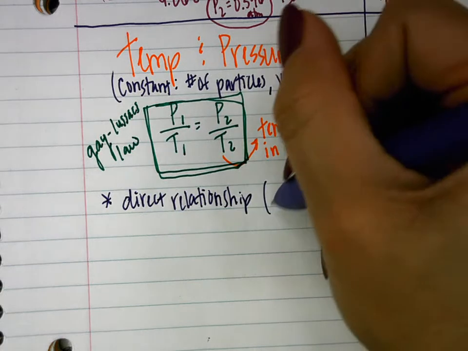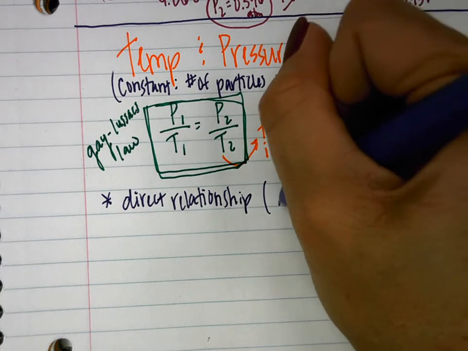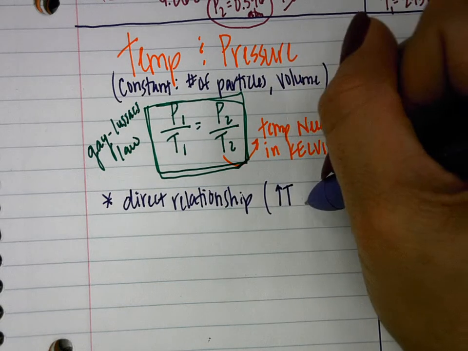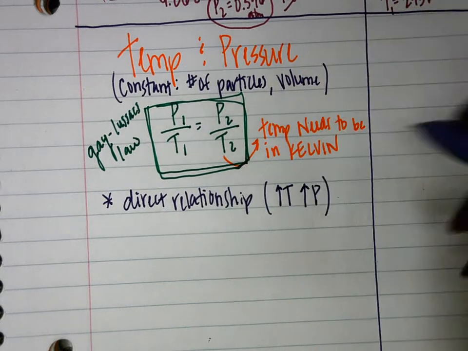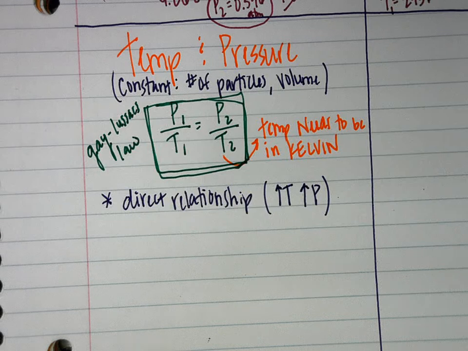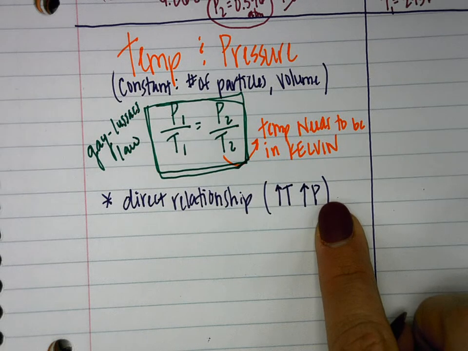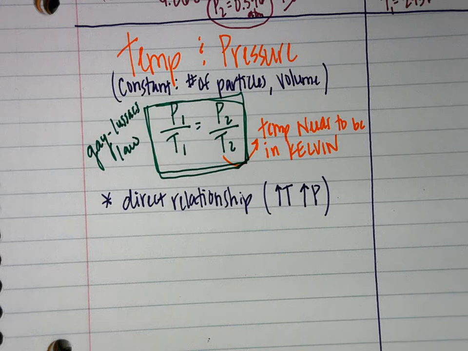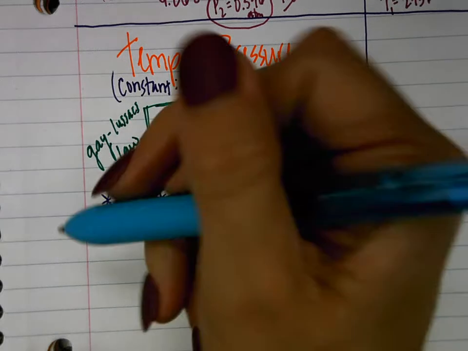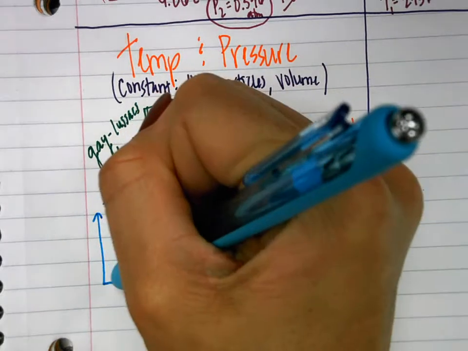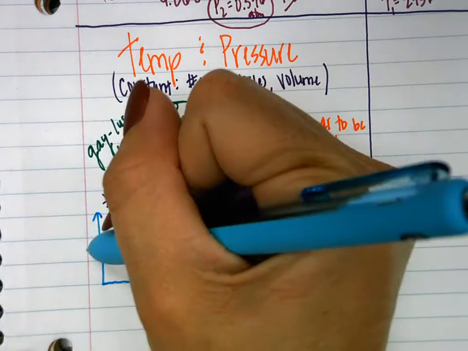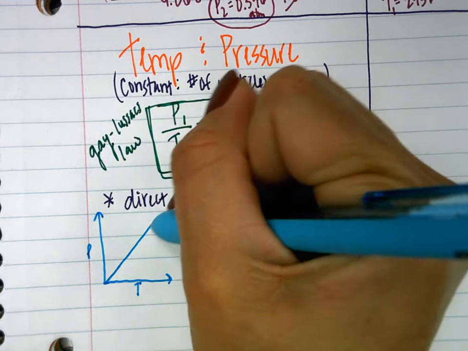So the temperature is the independent. If the temp goes up, our particles are going to be moving faster, so there are going to be more collisions and our pressure goes up, right? Because if we decrease the pressure, it doesn't change the temperature of the particles. So that pressure depends on temperature. So for direct relationships, just like in Charles's law, we have our temp as our independent, pressure depends on that, and it is a direct relationship.